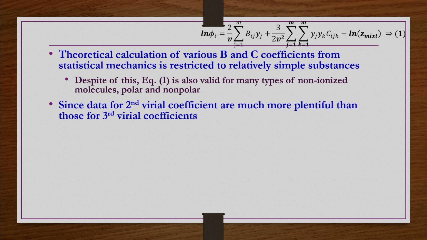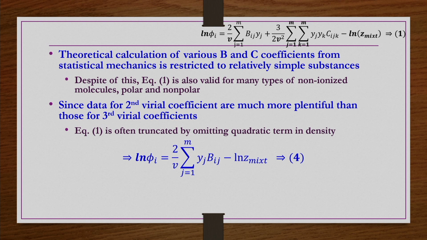Further, sufficient data is available for the second virial coefficient B, but for the third virial coefficient very little data is available, and data for higher virial coefficients is negligible, right. So, considering that data for C is very small, if you take this equation only up to the second virial coefficient, then we can get this expression: ln phi i equals 2 by V sigma yj Bij minus ln Z mixture, because information about the third virial coefficient is very little.